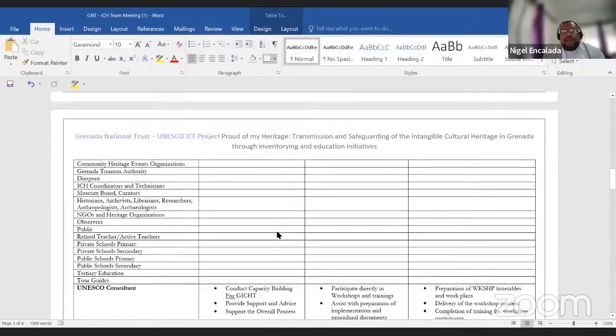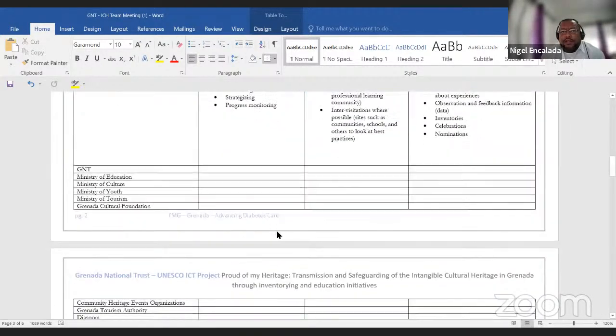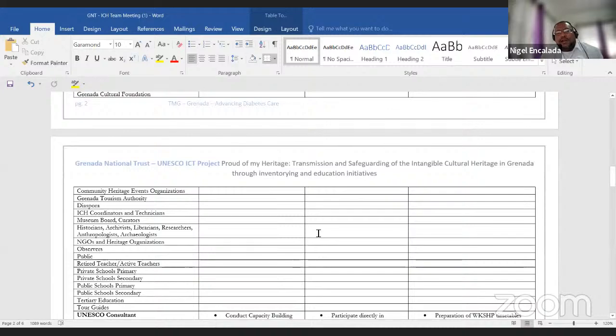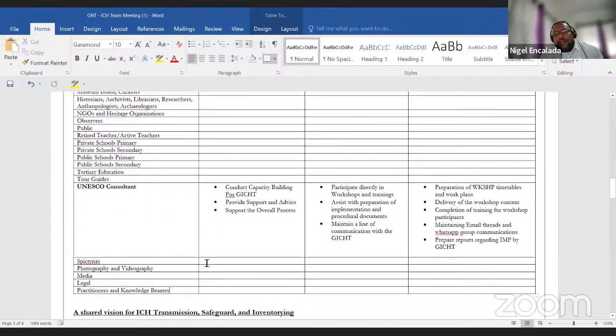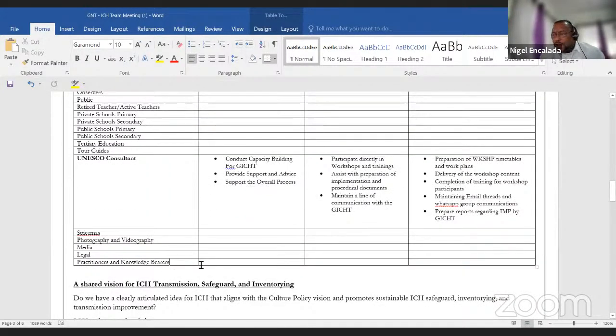So if I could recap here, we'd like to ask all of the groups we have identified here. Do we have any practitioner or knowledge bearer in the workshop of any kind of ICH? Anybody?